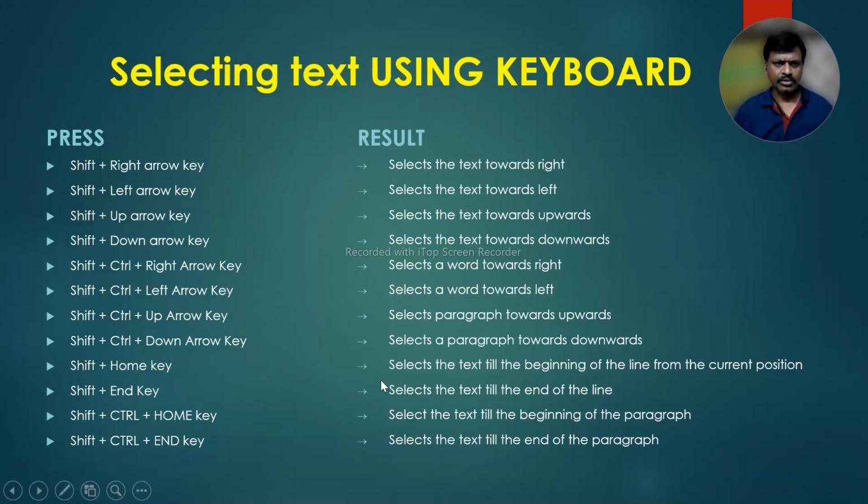This thing is over. Next we will learn how to make selections using the keyboard. Previously we learned the arrow keys. Now we have to add the Shift key. Whenever you want to make a selection, the Shift key is important. You should press and hold the Shift key, then use the arrow keys. Let us learn.